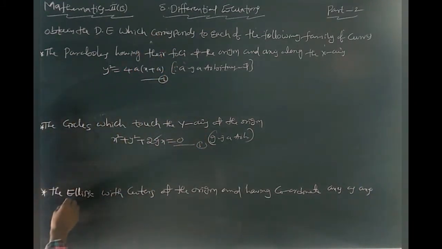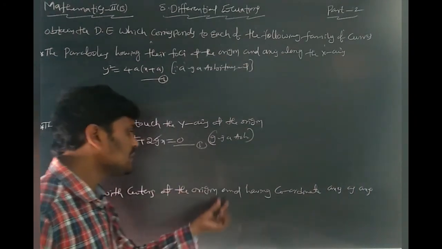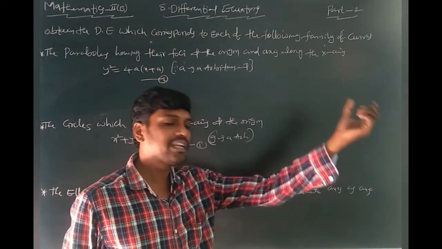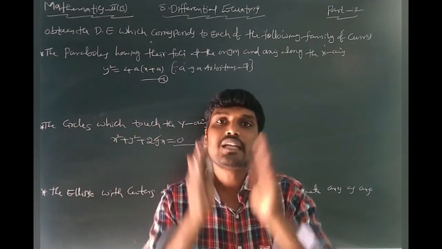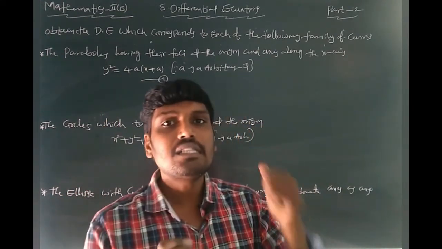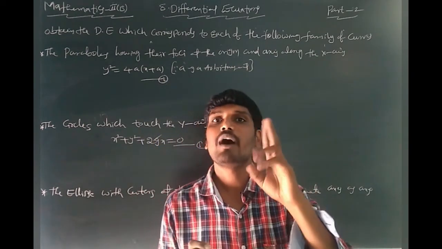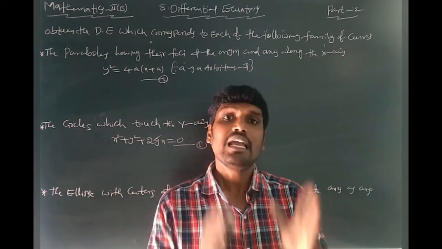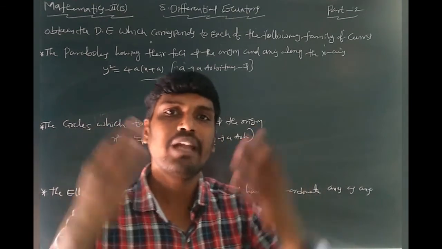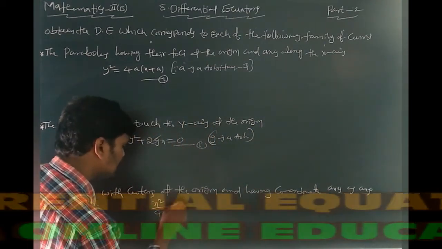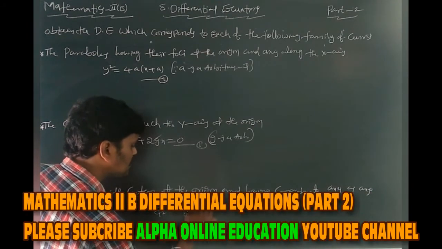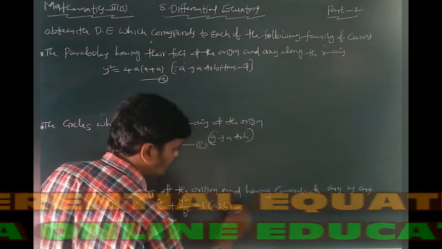Third homework problem: the ellipse with the center at the origin and having coordinate axes as axes. This is the standard form of the ellipse equation, explained in the ellipse chapter in geometry. The equation is x square by a square plus y square by b square equal to 1, where a is greater than b.